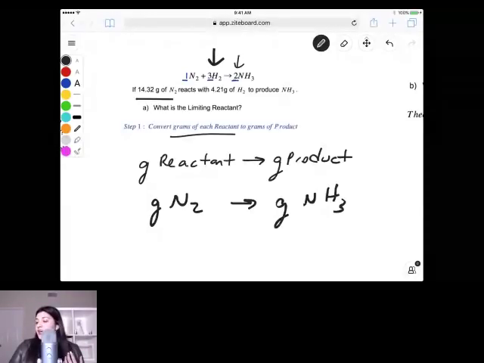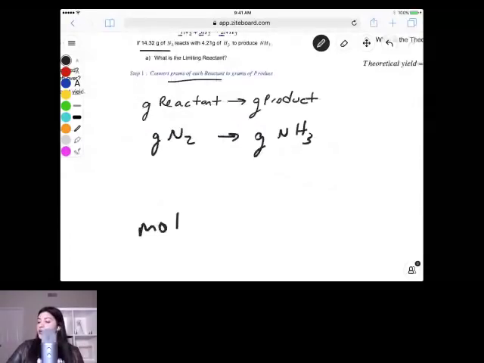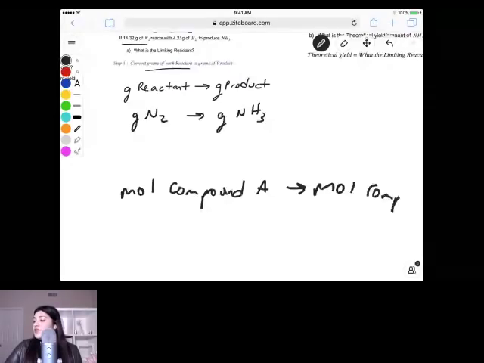So how I knew instantly to get to a mole to mole ratio, and this is my tip to you, is that whenever we're going from moles of one compound or one element to a completely different compound, you have to use a mole to mole ratio.